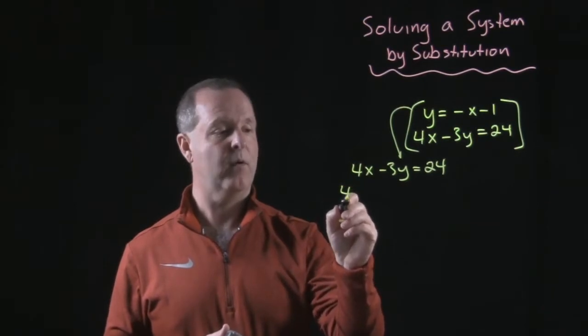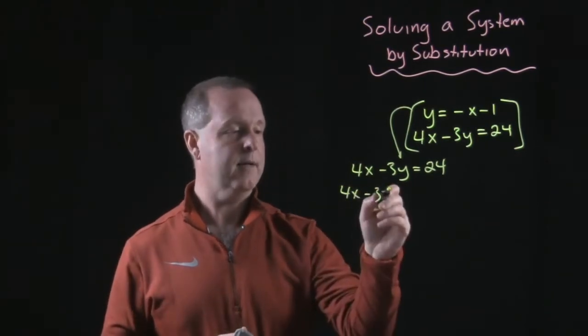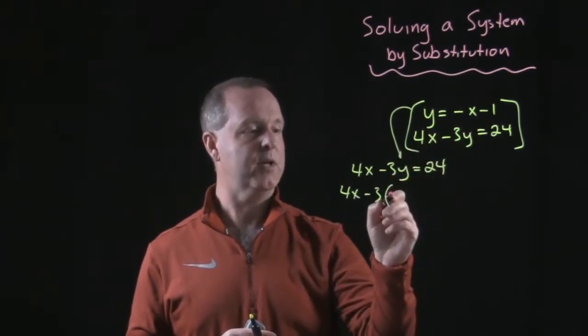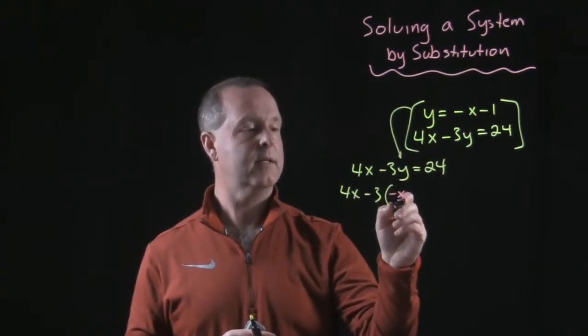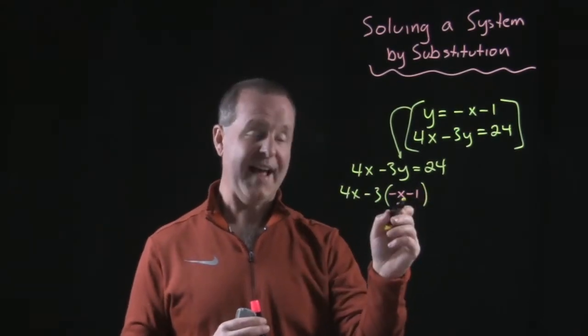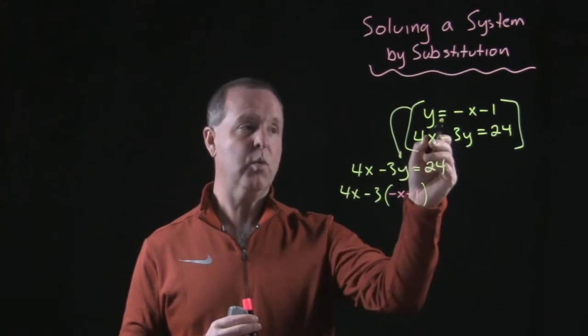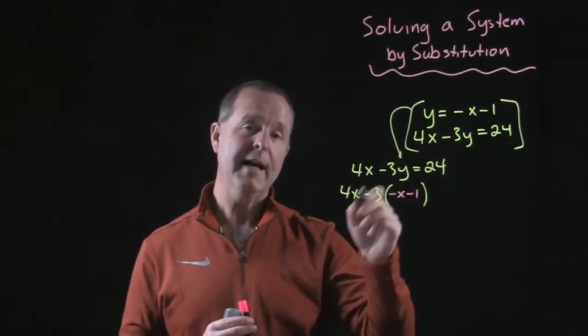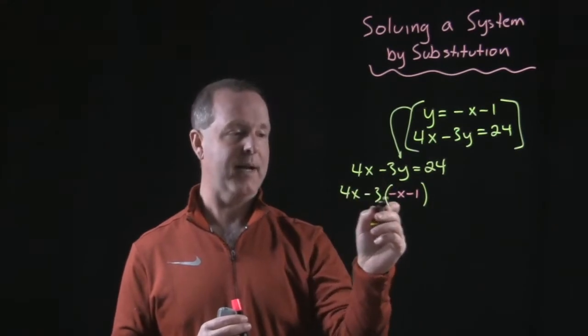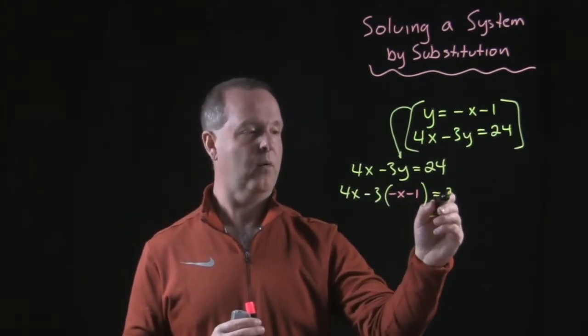So I will have now 4x minus 3 times a y, which is this entire expression up here, because y equals negative x minus 1. You see that? That value right there is equivalent to y. So when I see a y, I can just substitute that value in there.